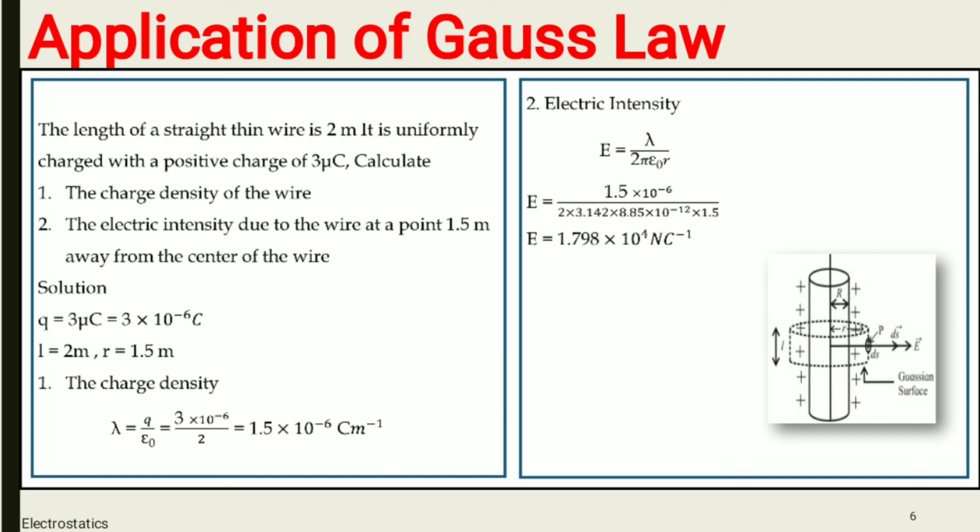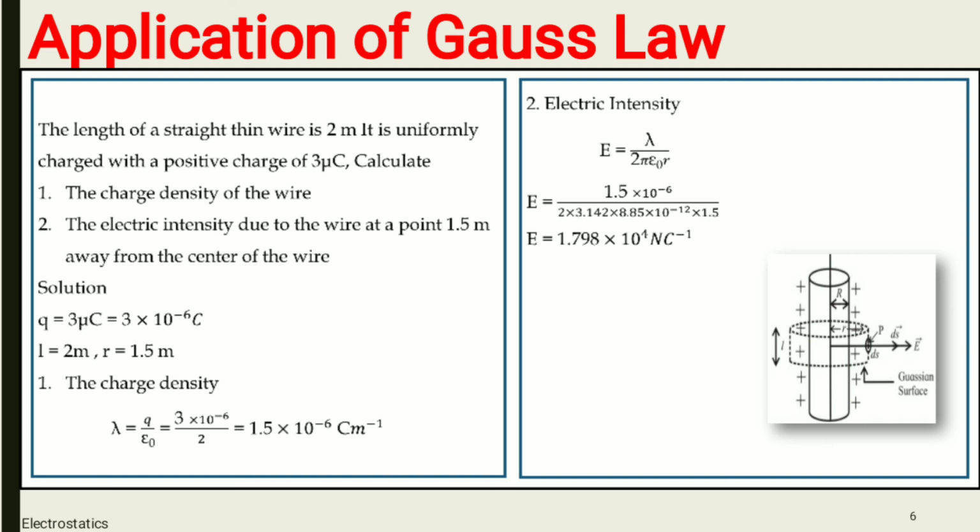Secondly, what you have to calculate? The electric intensity. E is equal to lambda divided by 2 pi epsilon naught r. So if you put all the values in this formula, E is equal to 1.5 into 10 raised to minus 6 divided by 2 into 3.142 into 8.85 into 10 raised to minus 12 into 1.5.